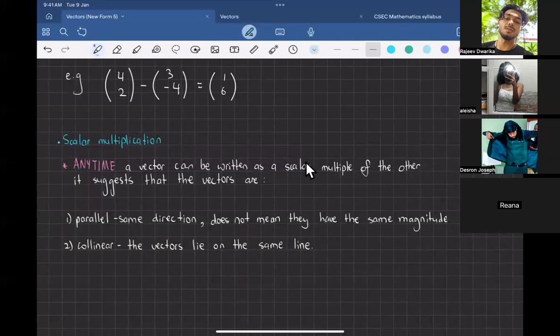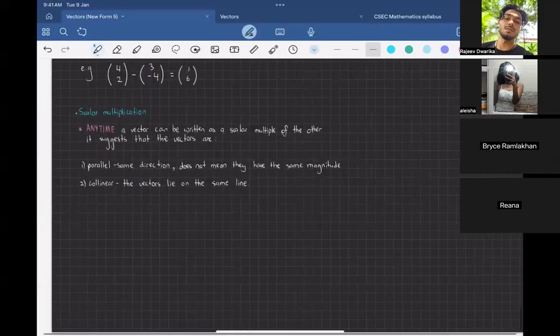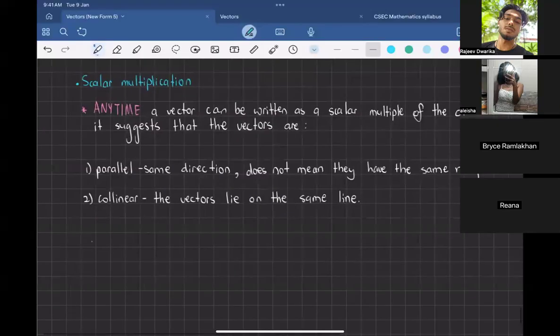Do you all have it copied down? I do. All right. What about everybody else? Okay, cool. Alicia, what about you? Yeah, I have it now. Me too. Okay, cool. Sounds like everybody has it copied down. So for scalar multiplication, it looks like this.